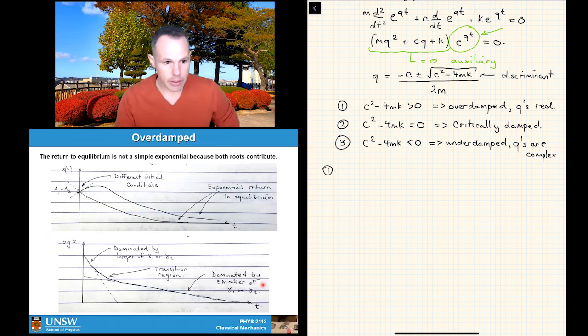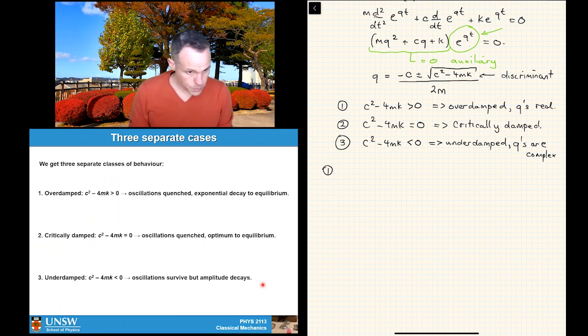So I want to come back one. We have two different real solutions of q, and we need to work through those two different solutions.